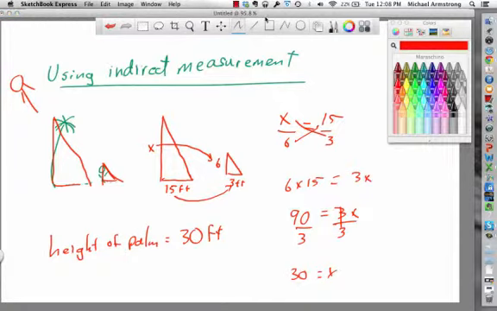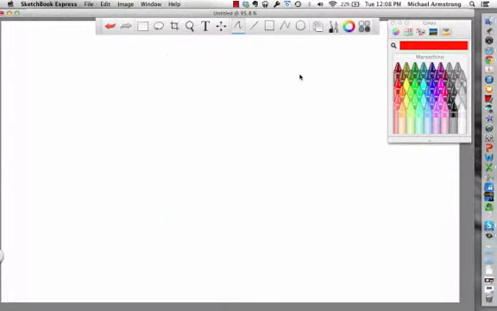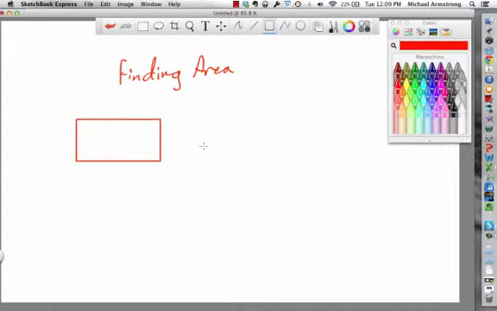We've got one more thing to show you about area: using proportions to find area. So finding area. Okay, so there's this big area, and it's a swimming pool, and then there's a smaller but similar area that is a tennis court. The swimming pool is similar to the tennis court in shape.